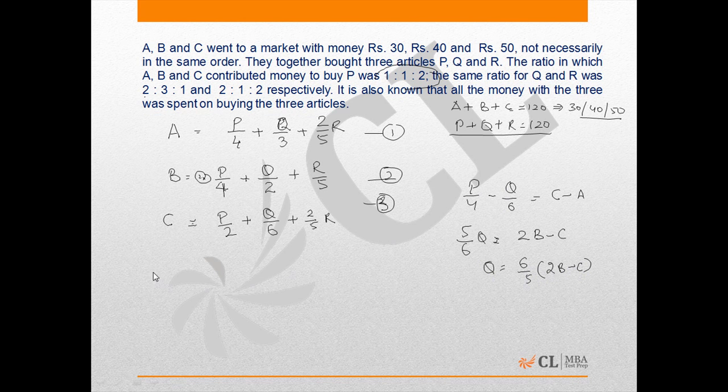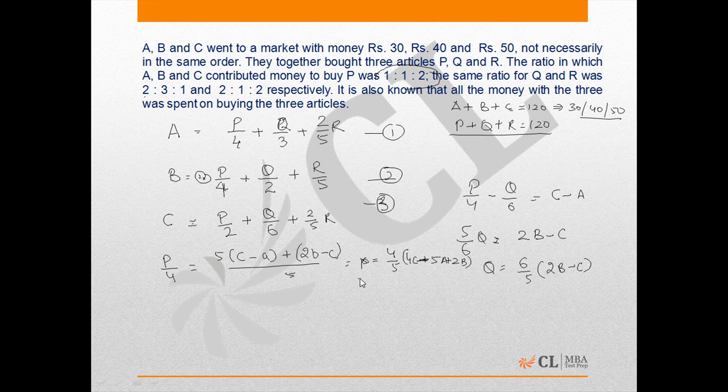So from there we'll get P by 4 equals C minus A plus 2B minus C by 5, or P equals 4 by 5 into 4C minus 5A plus 2B.